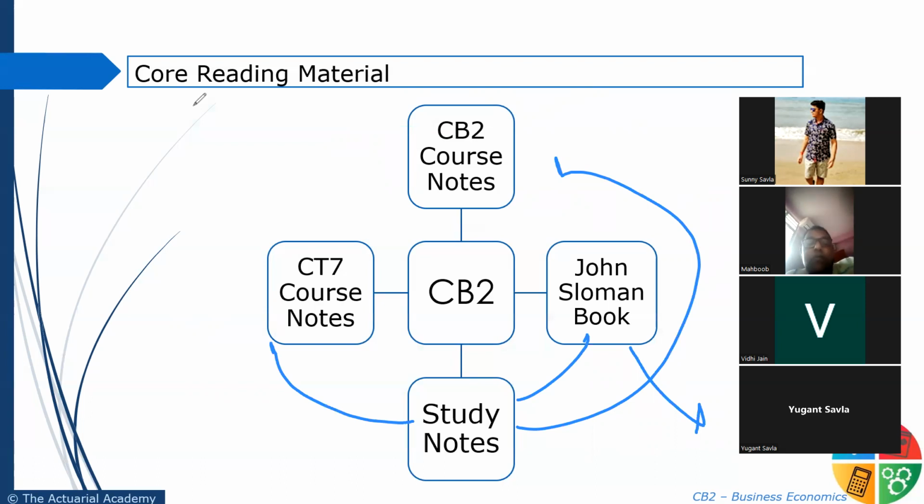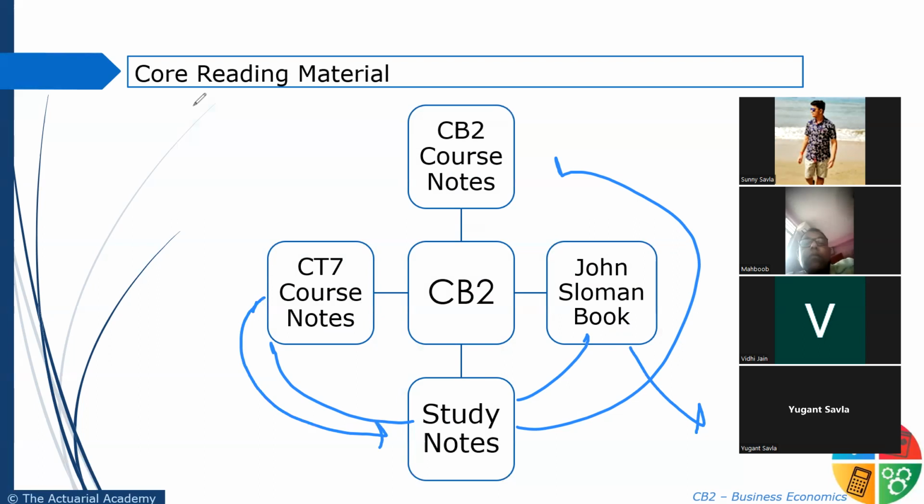So a concise, summarized format of the John Sloman book, the CT7 course notes and the CB2 notes would be available in our own study notes that we will share with you.